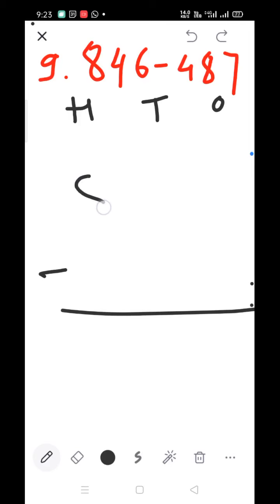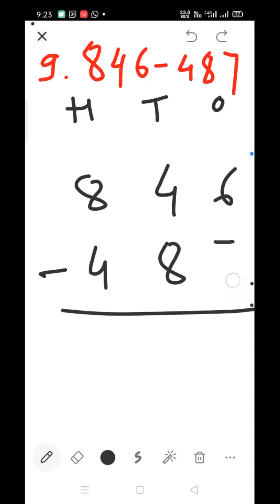Arrange them vertically. 846 minus 487. Okay, so start from the ones place. 6 minus 7. 6 is smaller than 7, so you have to take a borrow from the previous number.